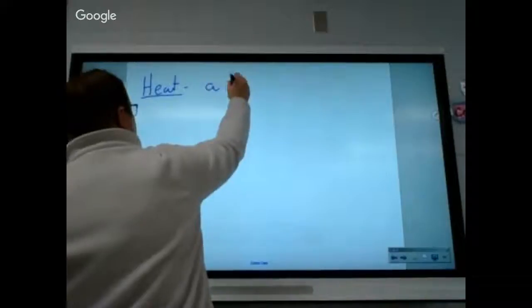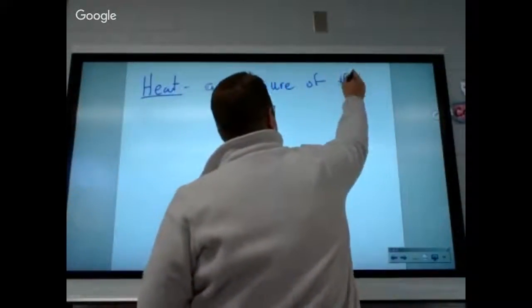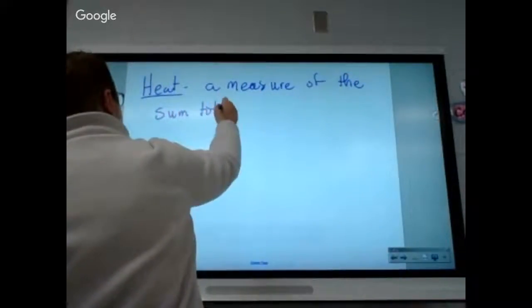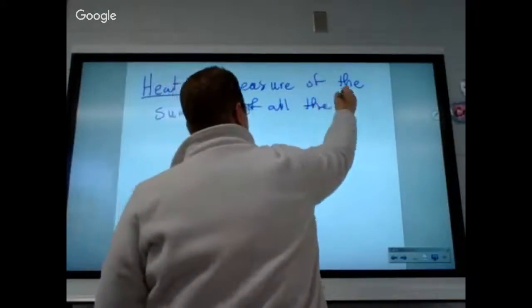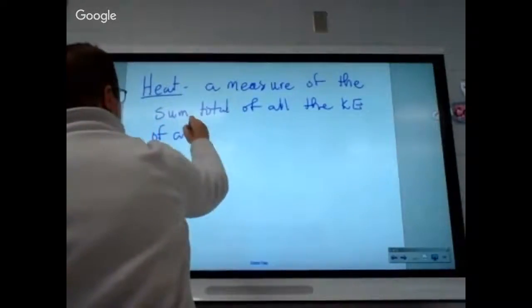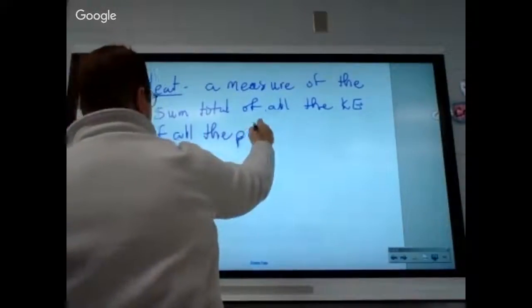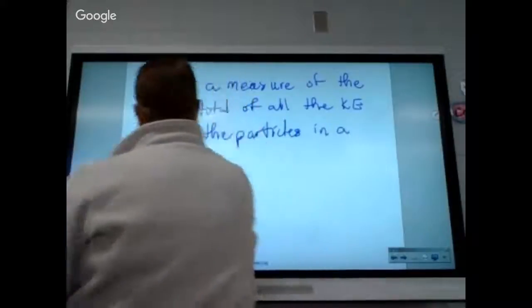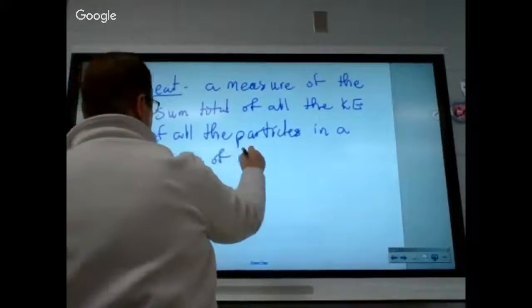Heat is a measure of the sum total of all the kinetic energy of all the particles in a sample of matter.